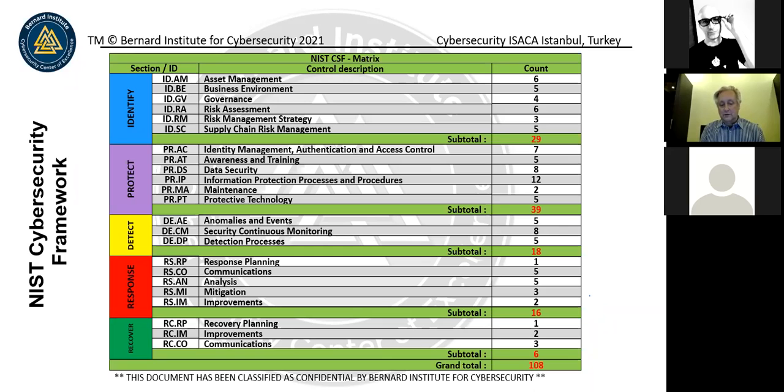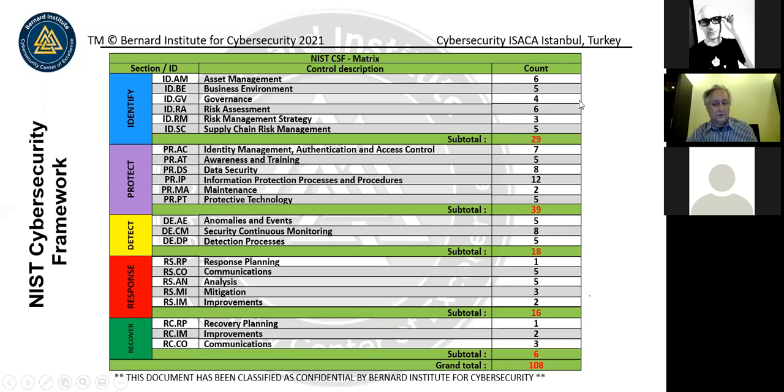All right. So when we talk about recovery planning, and there's one control point there, this is pretty light. So you look at all the different sections within the NIST framework, and you can see based on what I've compiled here in the matrix that under identify there are 29 control points, a lot of emphasis there. Under protect, there's a lot of emphasis there.